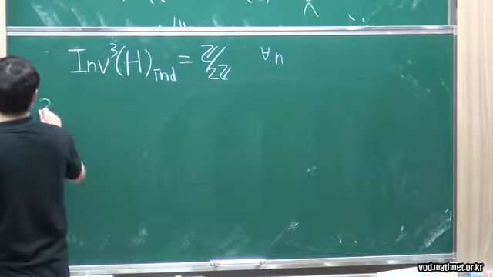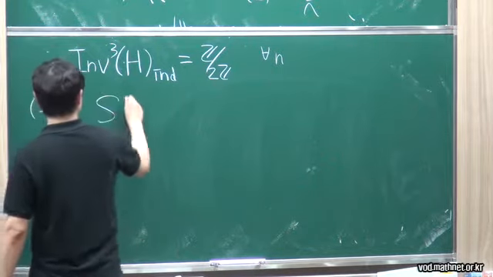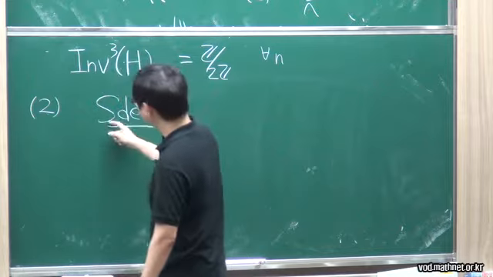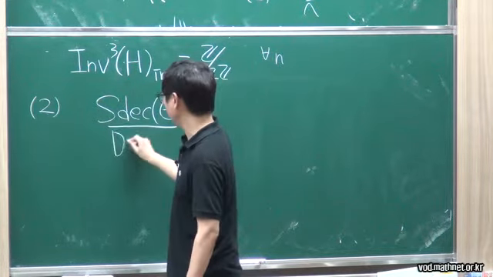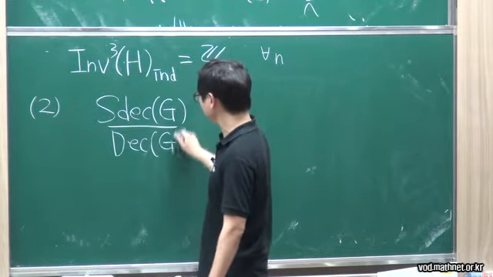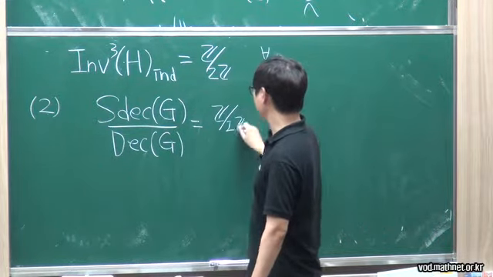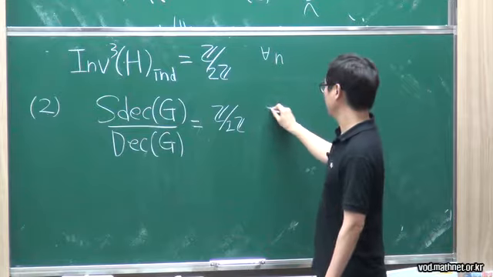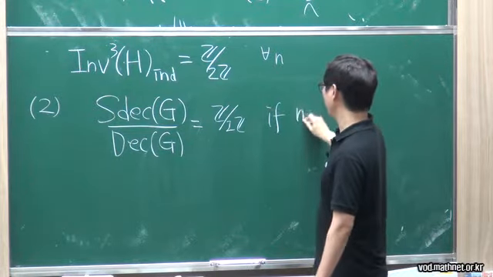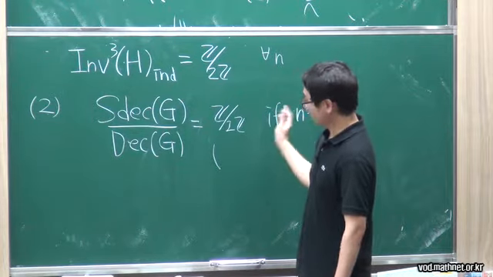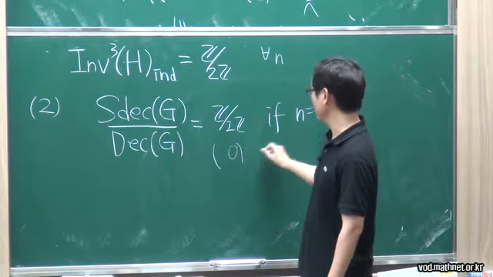And we also compute the factor group of semi-decomposable invariance over decomposable invariance, and this is also Z/2Z only for n equal 3 and 4, and for the other n it is trivial.